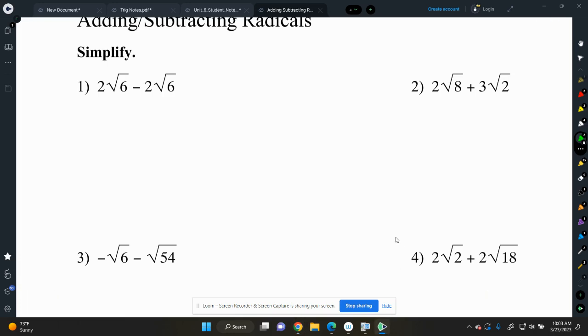So number one, I have 2 root 6s, and I take 2 root 6s away, so what am I left with? 0. Boom! That was an easy one, right?